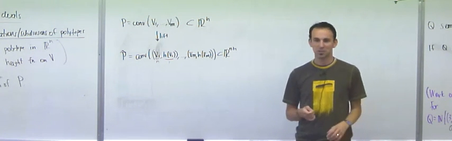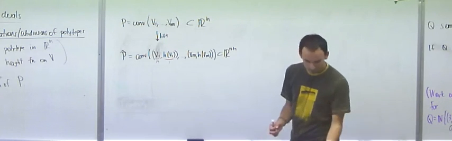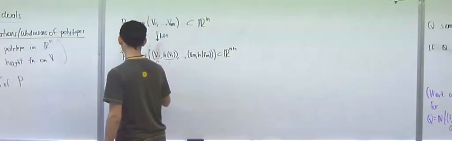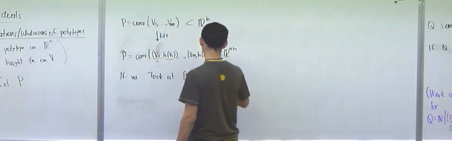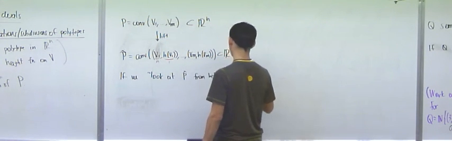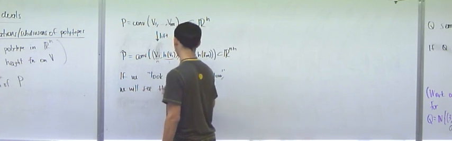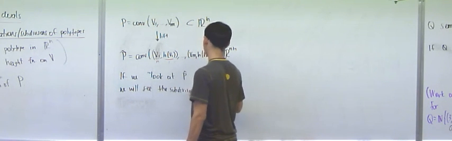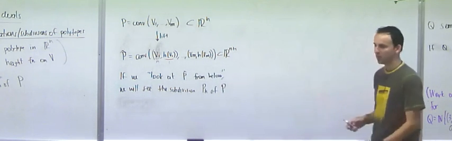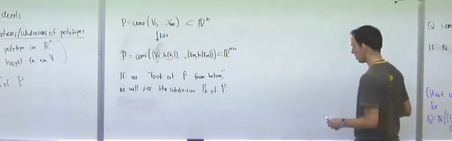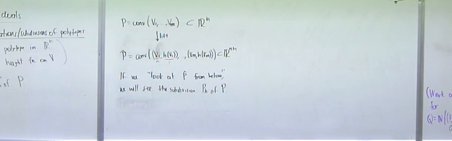And I claim that what you're going to see is a subdivision of P. So if we look at P hat from below, we will see the subdivision P sub h of P. Before I make any definitions of how this works, before I describe precisely what I mean, let's do this in an example.